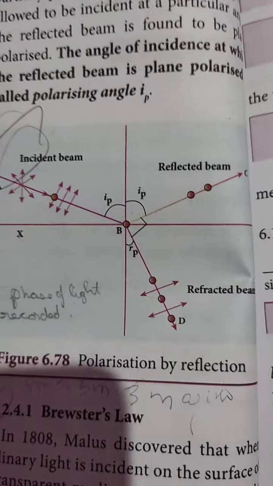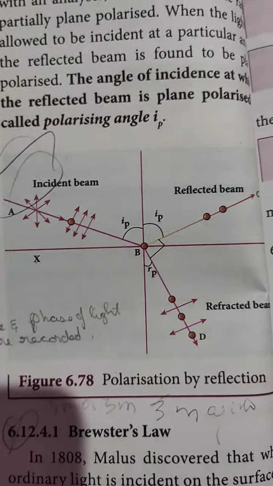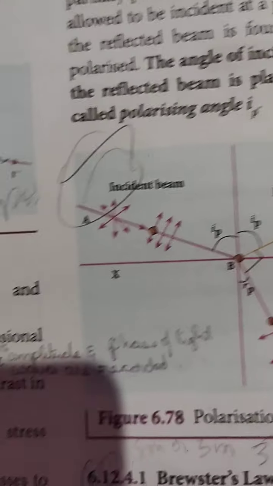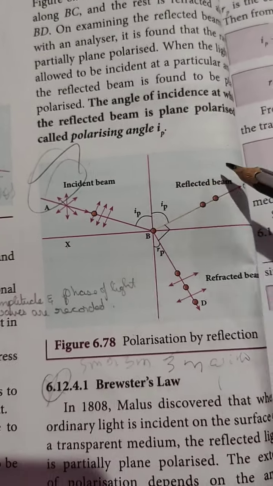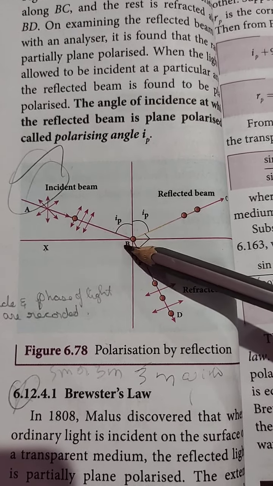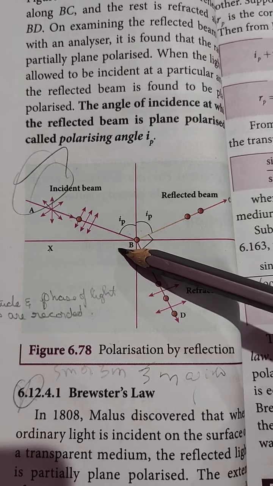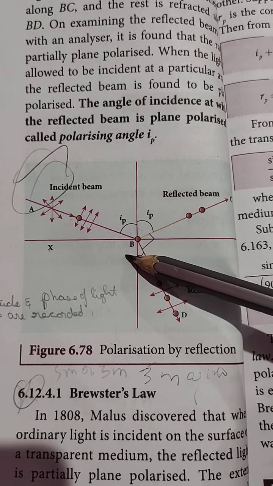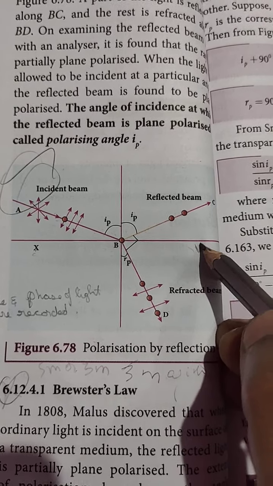Here, let's see the diagram very carefully. Here, first of all, AB is an incident unpolarized light at an angle, on the reflecting surface XY.